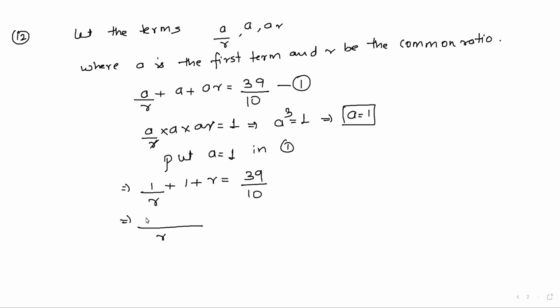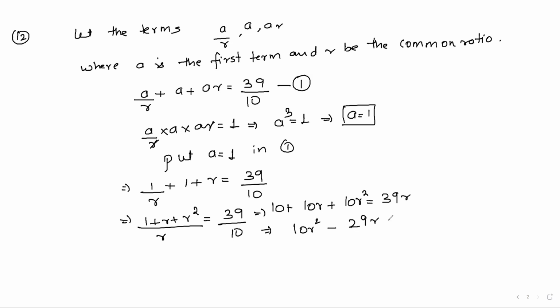Cross multiply: 10 plus 10R plus 10R square is equal to 39R. We shift this, and it becomes 10R square minus 29R plus 10 is equal to 0.